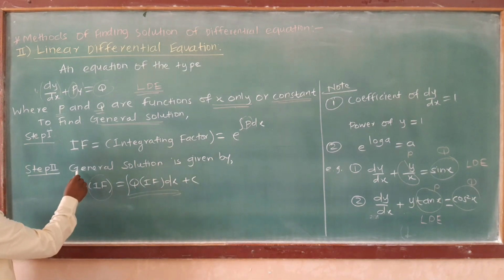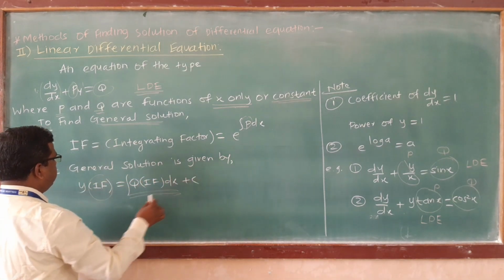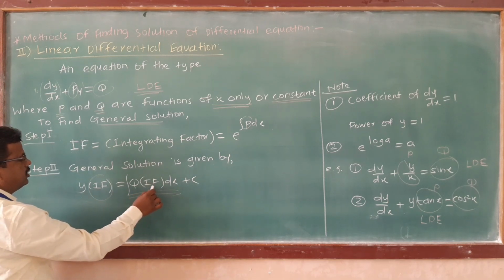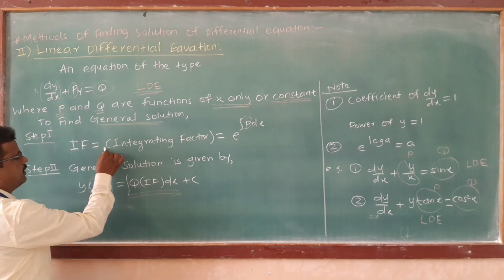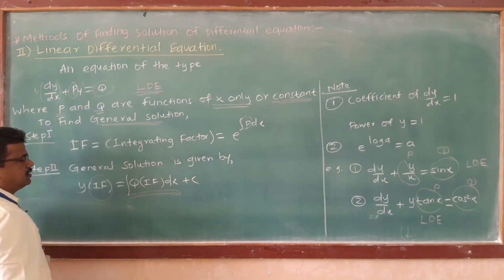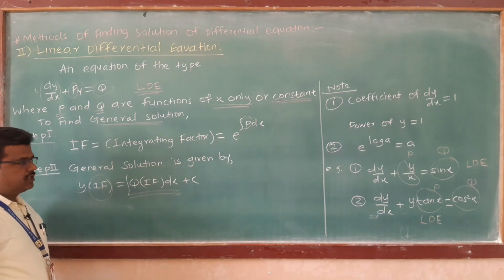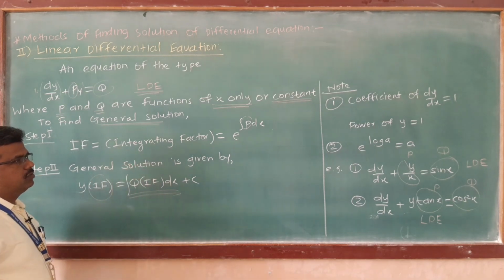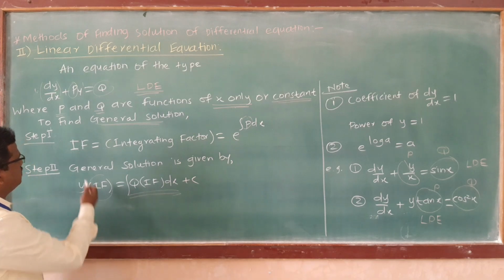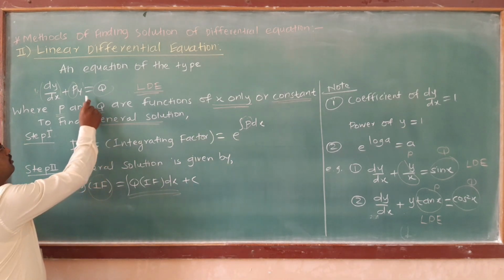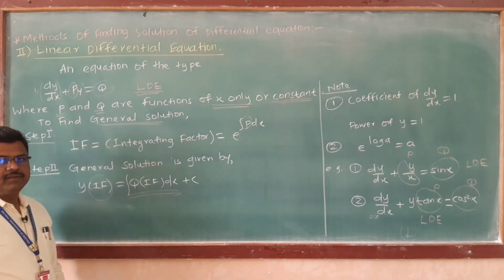Therefore the general solution is given by y into IF is equal to integration of q into IF dx. Put here the calculated value of IF in this formula and solve the integration, you will get the general solution. So these are the two steps of finding the general solution of this linear differential equation.